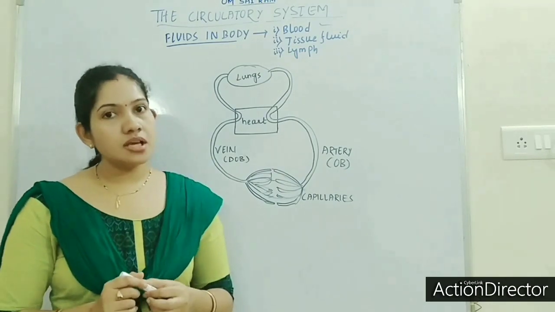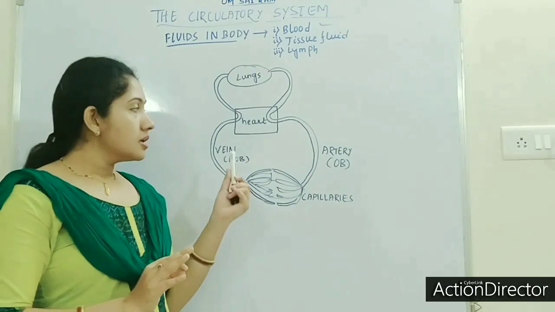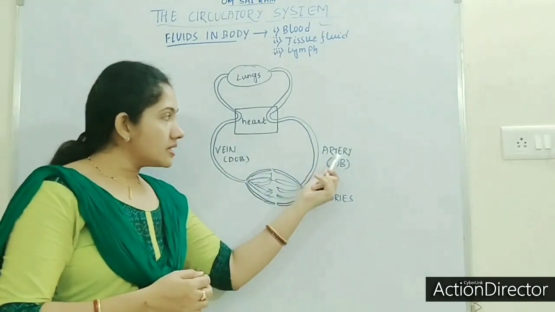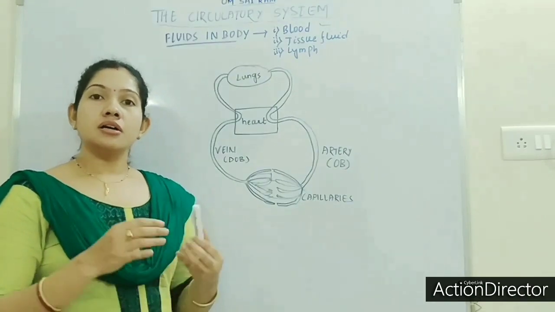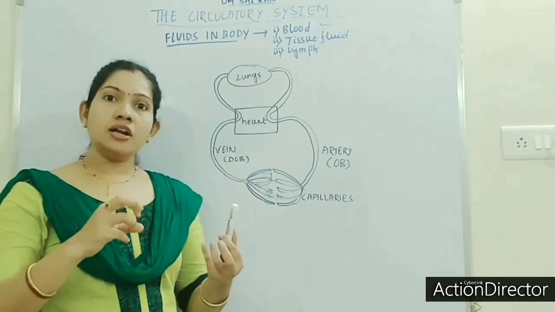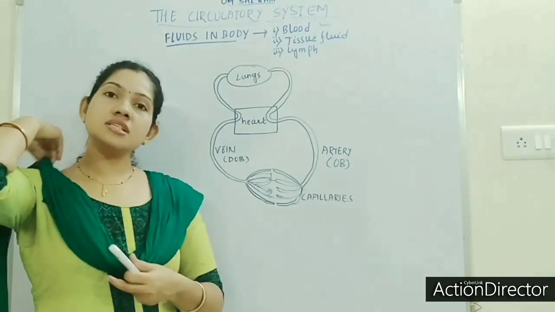Vein is the blood vessel which carries the deoxygenated blood, means the blood which carries more waste, and arteries are the blood vessels which carry the blood which got nutrients. That's why we call it oxygenated blood.